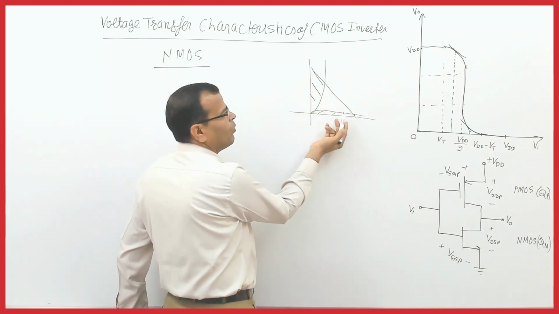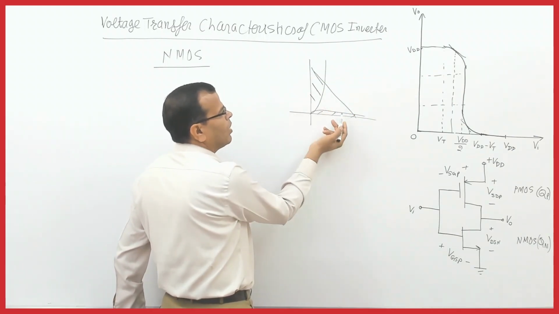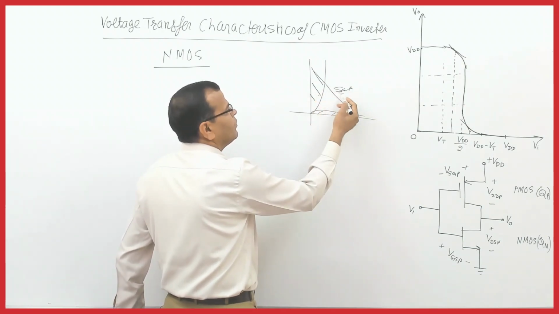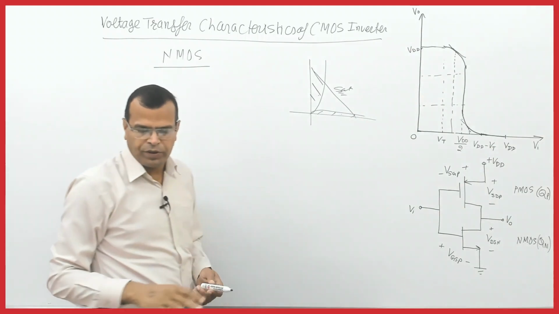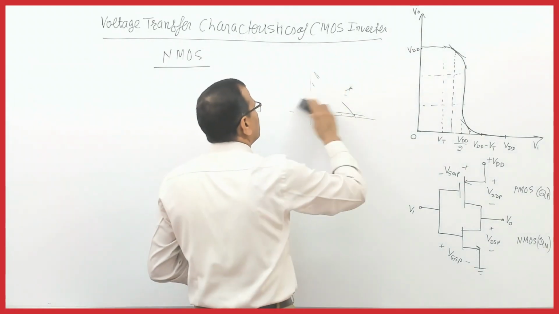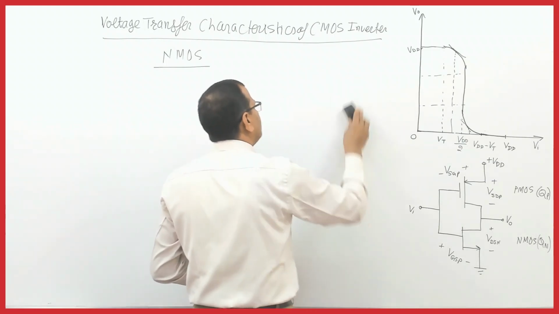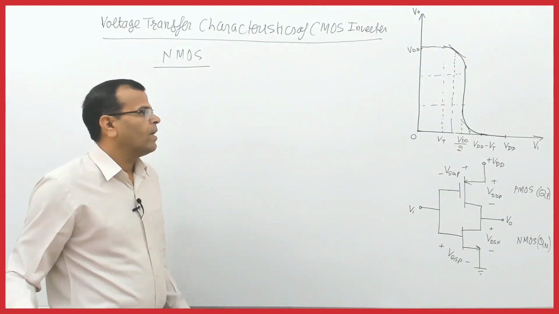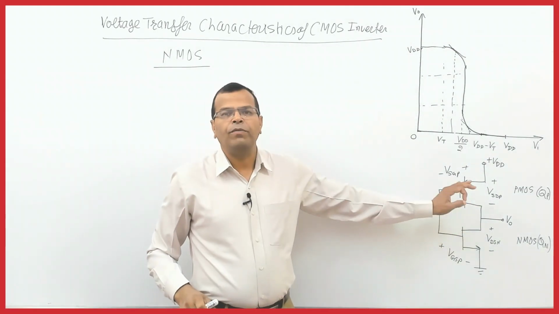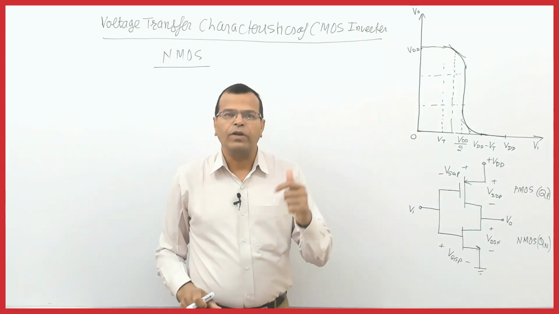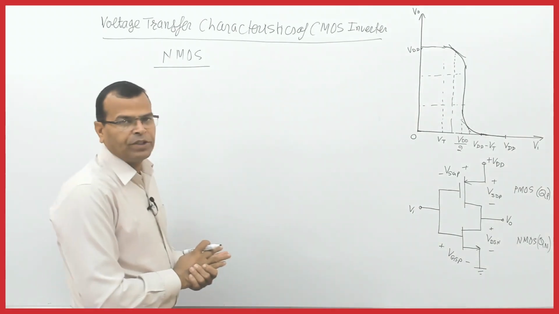So whenever operation shifts from cutoff to ohmic, it passes through this region, which is nothing but saturation region of operation. So you cannot ignore the operation in saturation region, even though we are talking about the operation of MOSFET in ohmic and cutoff, you need to discuss saturation region of operation as well.